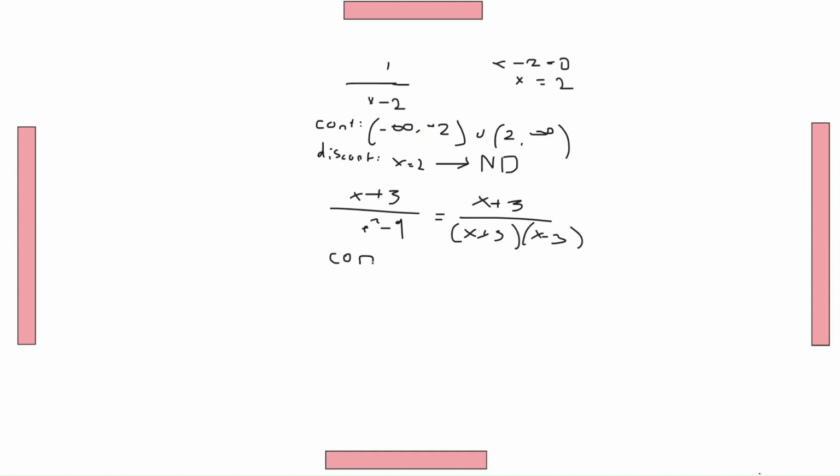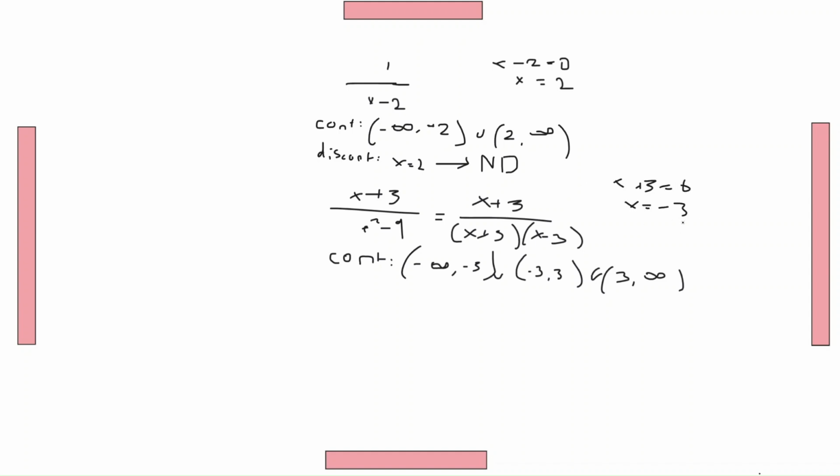So if we were to put that here, we could say that it's continuous from negative infinity to negative 3, union from negative 3 to 3, and then union from 3 to infinity. So the same thing as before, it's just we have two values instead of one. And again, we found that the same way. If we set x plus 3 equal to 0, we'll get that x is equal to negative 3.